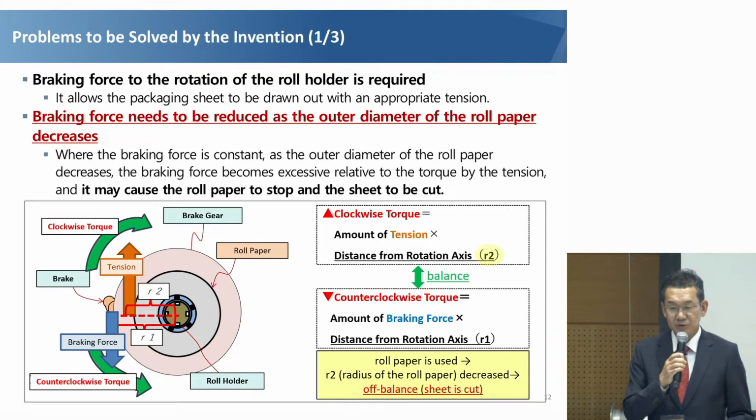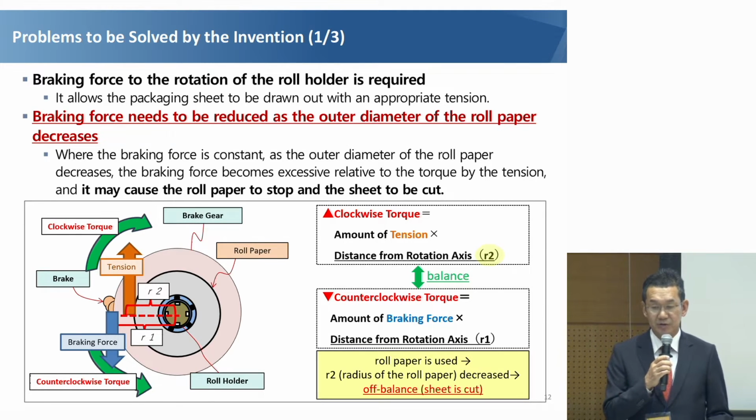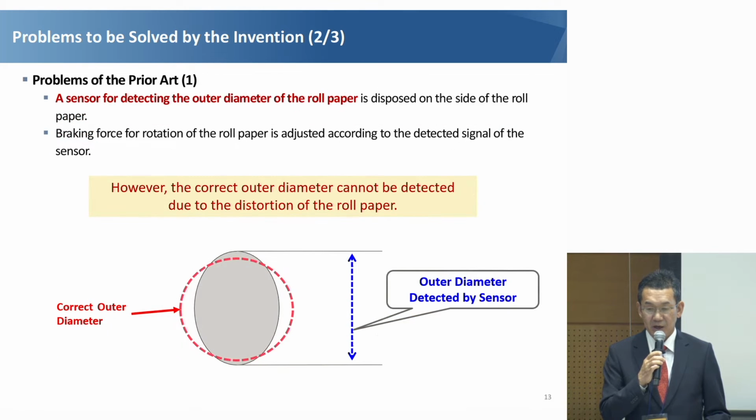So the problem to be solved by the invention starts from the fact that the braking force needs to be reduced as the outer diameter of the roll paper decreases. However, the prior art could not solve this problem. In the prior art, the sensor for detecting the outer diameter of the roll paper is disposed on the side of the roll paper.